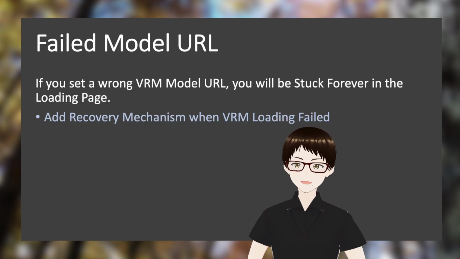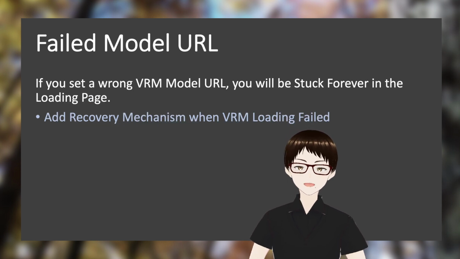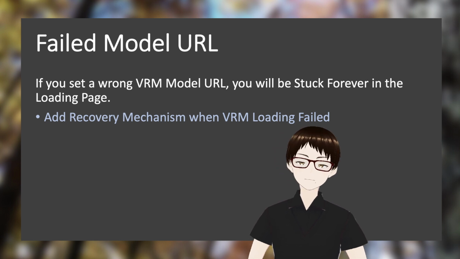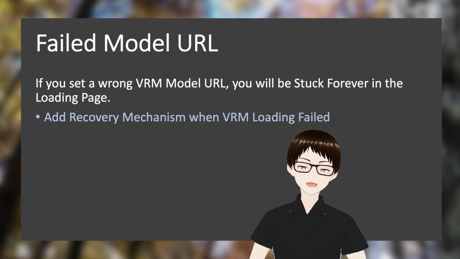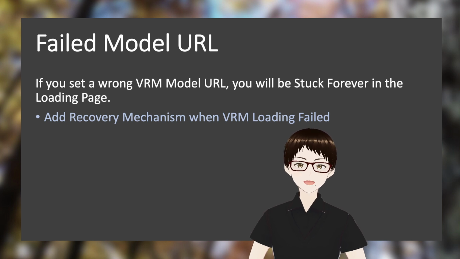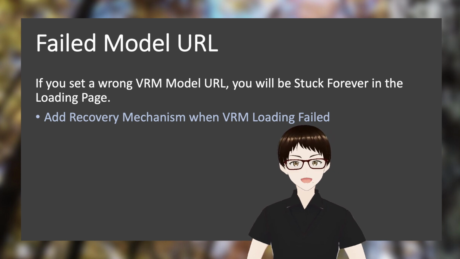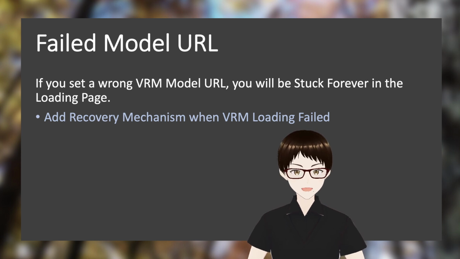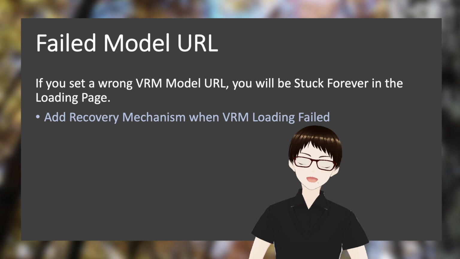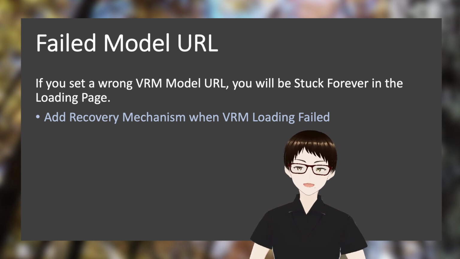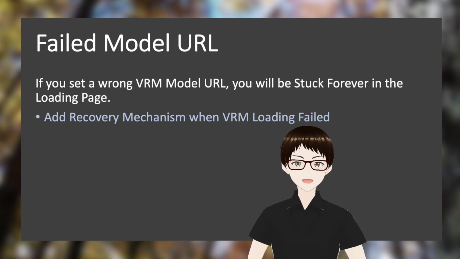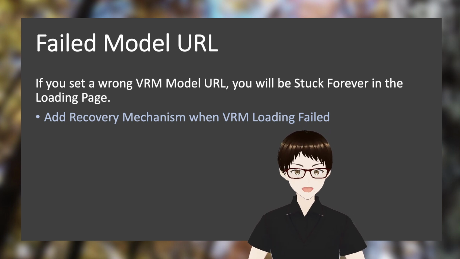The next one is a failed model URL. So before this month, if you had your VRM model URL and you set it in the setting, and that's a wrong URL, and you actually click the save settings button, right? So in the setting general, there is a save setting. You click save, and you set the wrong URL.